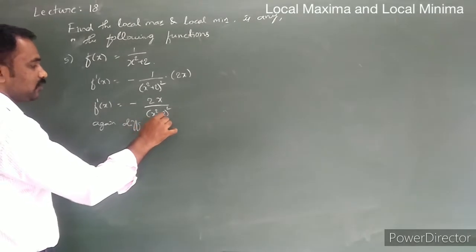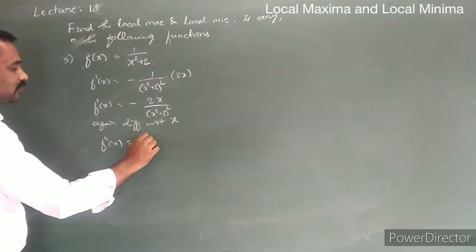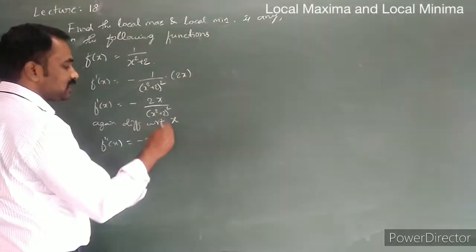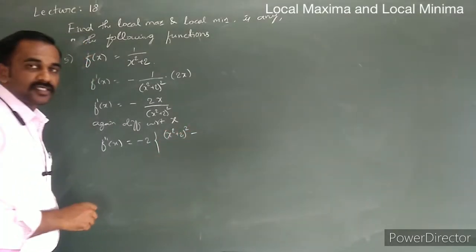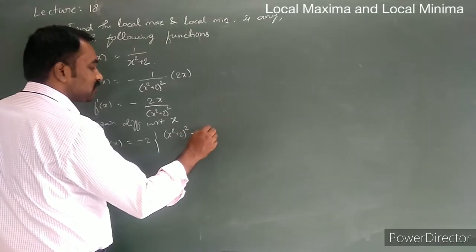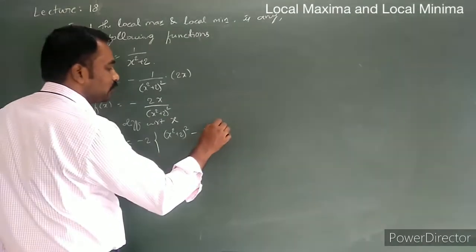Again differentiating with respect to x, f double dash of x is equal to, I just keep the minus outside. Use the quotient rule. The differentiation of x is 1, so 1 into x square plus 2 whole square, minus u into v dash.